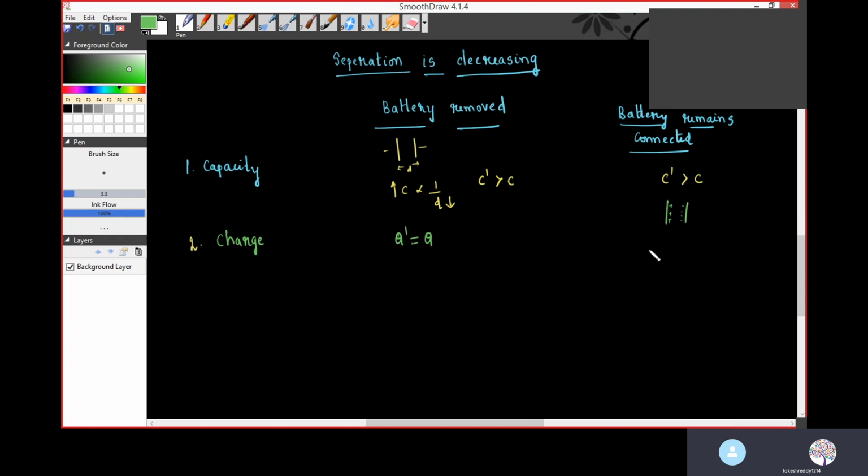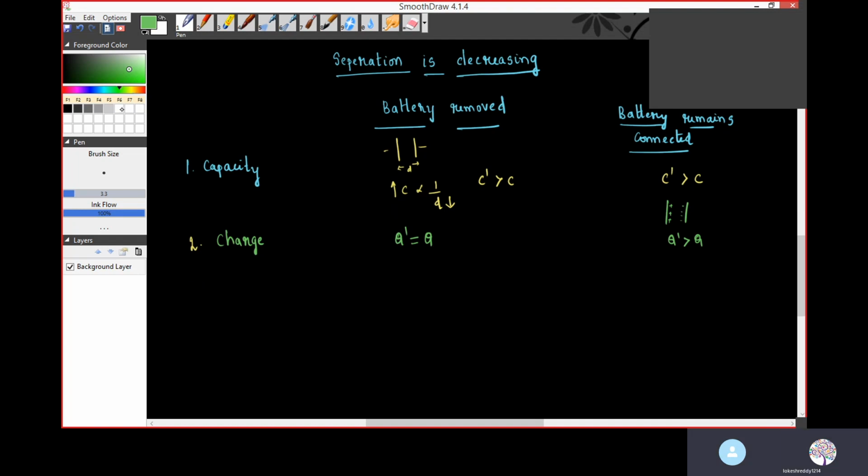That means charge increased, so Q dash is greater than Q. That means the battery has supplied charge, because the capacitance got increased, which means the ability to hold the charge got increased.